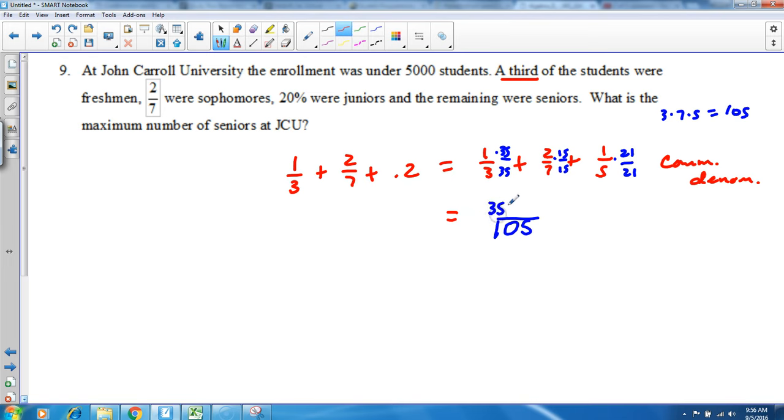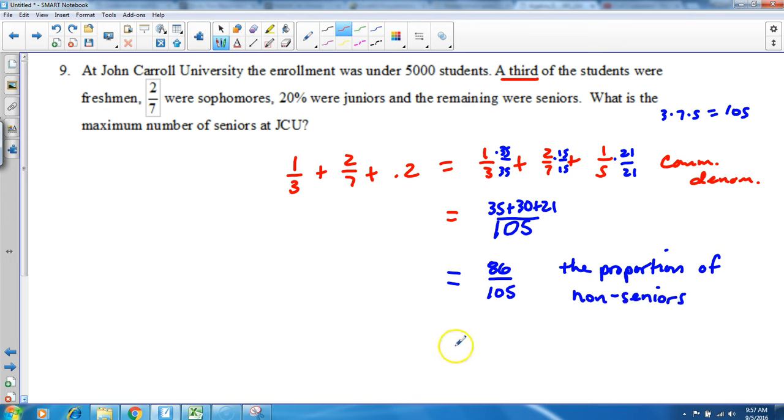That's going to end up giving us 35 plus 30 plus 21 over 105, which is going to give us 86 over 105. Now, again, we have to think about what this is. This 86 over 105 represents the proportion of students that are not seniors, the proportion of non-seniors.